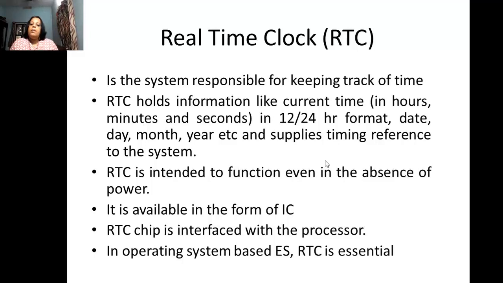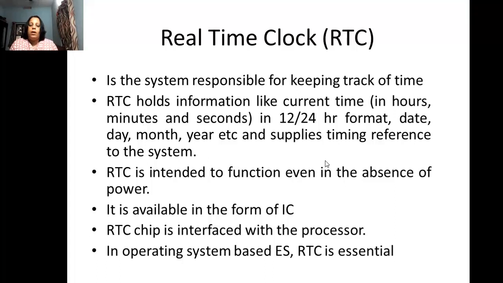RTC is available in the form of an IC. We have integrated circuit RTCs. What is RTC basically? RTC is a system which keeps real time track of time. That means RTC holds the information of the current time in terms of hours, minutes and seconds.